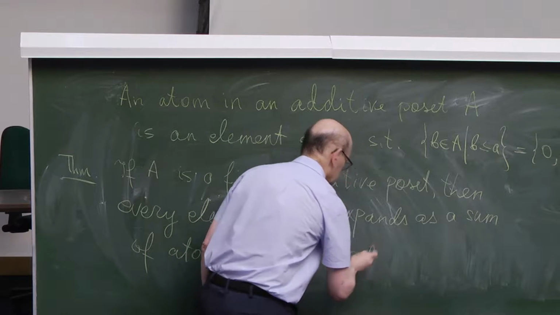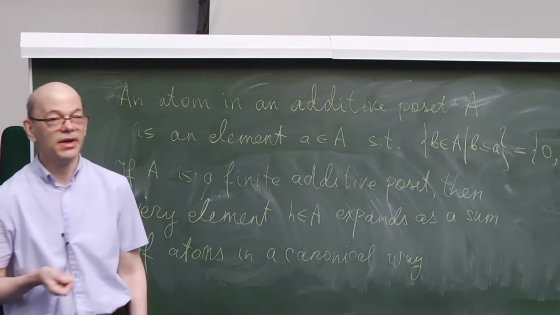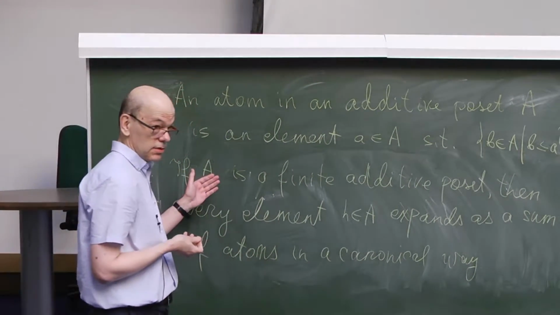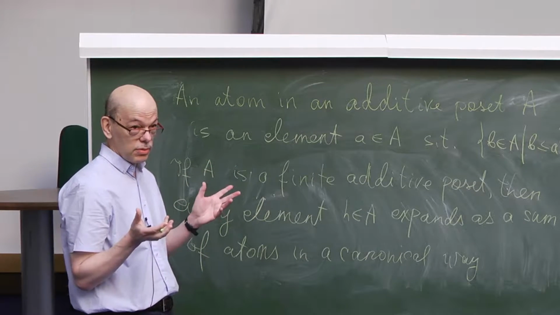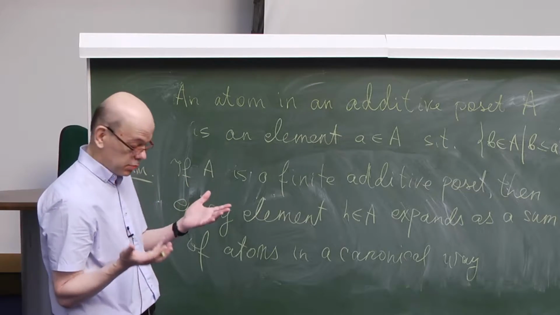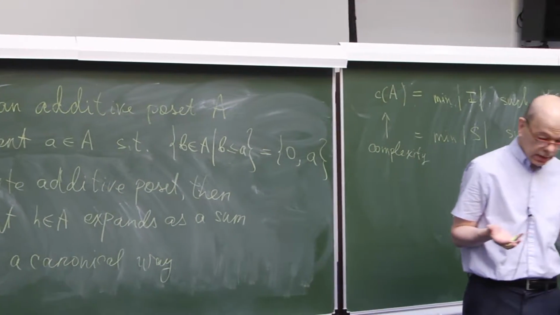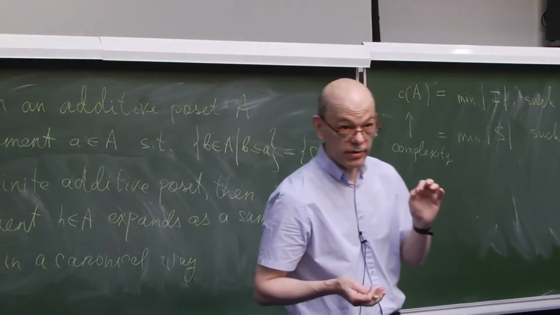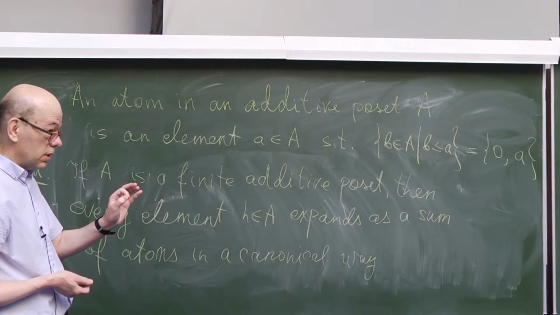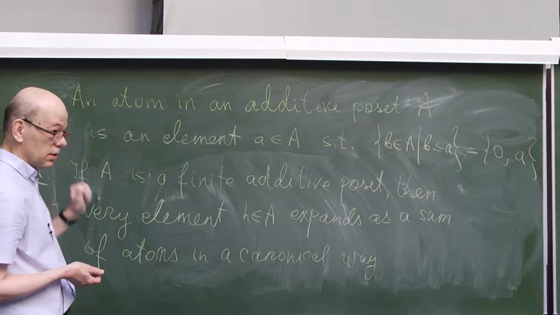No, the way is not unique. So what does it mean? It means that atoms, of course, generate A as a vector space, but they don't constitute a basis. There are many of them. Generally speaking, they generate this vector space, and there is a canonical expression for every element H as the sum of the atoms. Canonical, which means it is determined uniquely by the partial order and stuff like this.